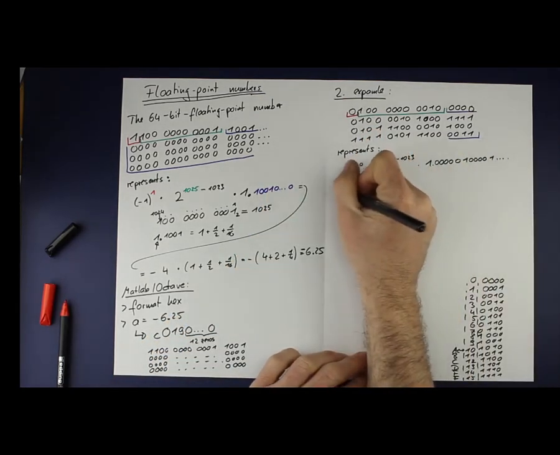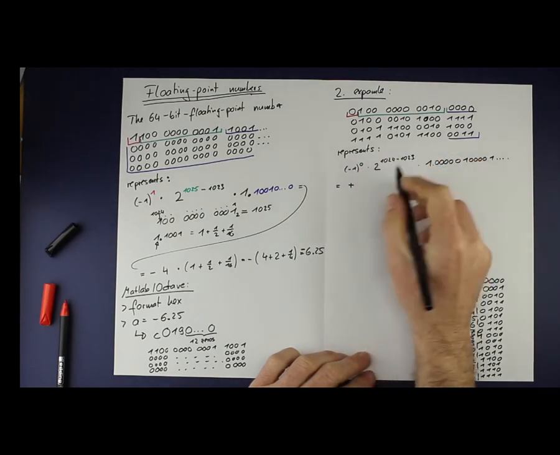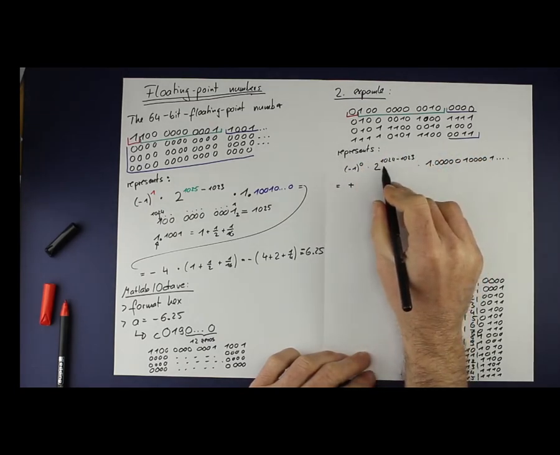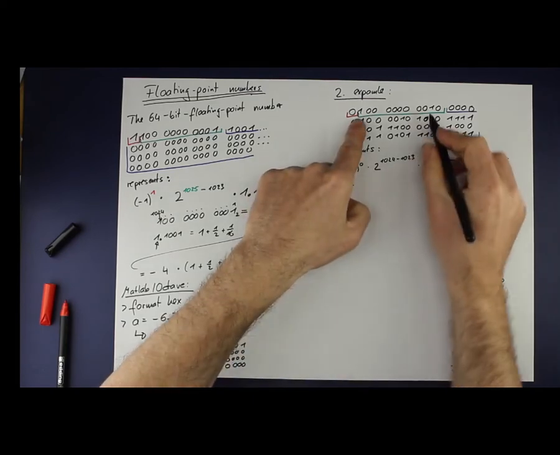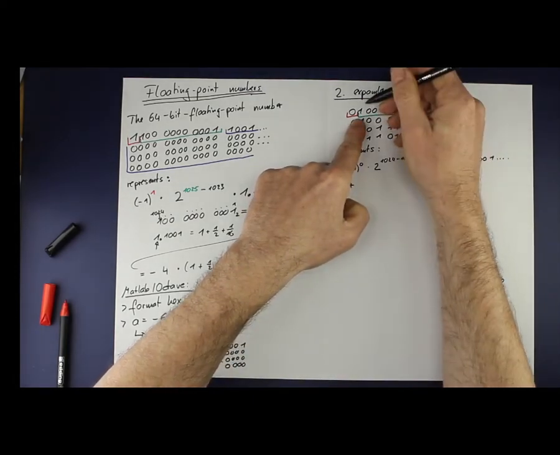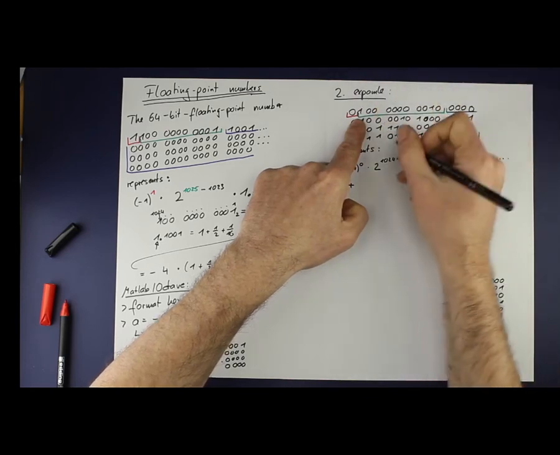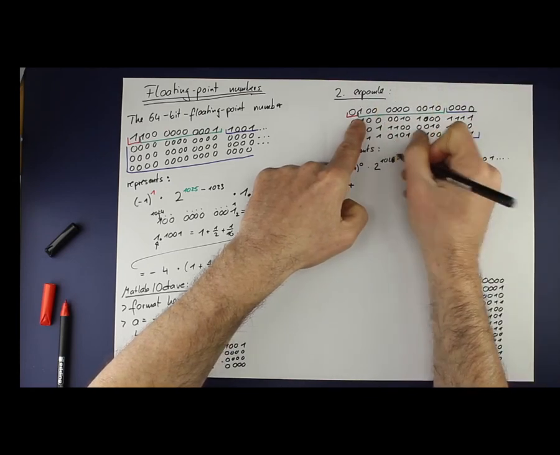So we have plus 2 to the power of, no, it's not 1024, it's 1026. 1024 plus 2 is 1026.